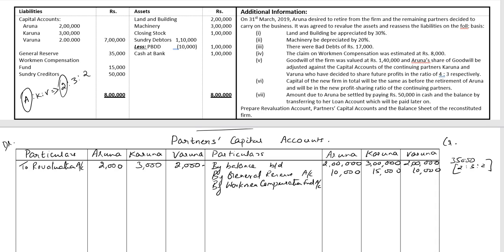So the amount to be distributed is 15,000 minus 8,000, which is 7,000 rupees. And this needs to be distributed in 2:3:2. So we have 2,000 rupees, 3,000 rupees and 2,000 rupees. Let's treat the goodwill as per point 5.